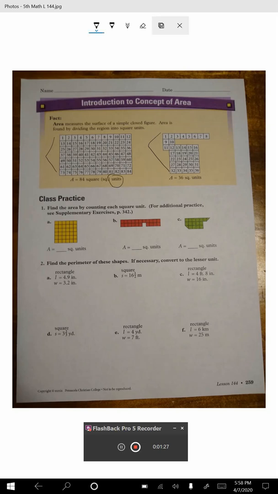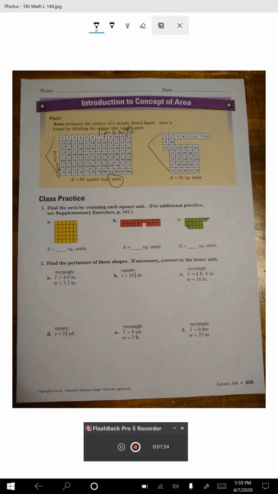It's just to show you how to do it. If we look at this rectangle and count the units or the boxes across, we see that there's 12 of them. So we could say that the length is 12 units. If I go down the sides, I can count 1, 2, 3, 4, 5, 6, 7. So we have 7 units going down.